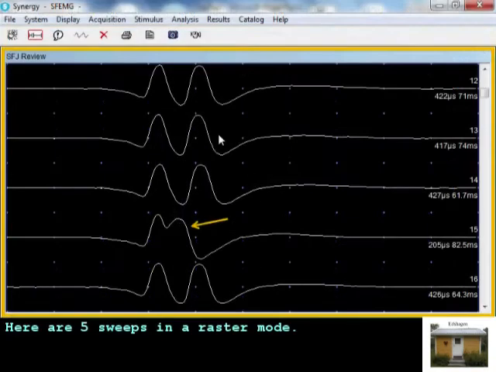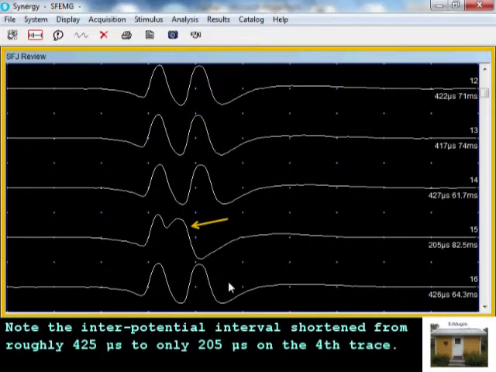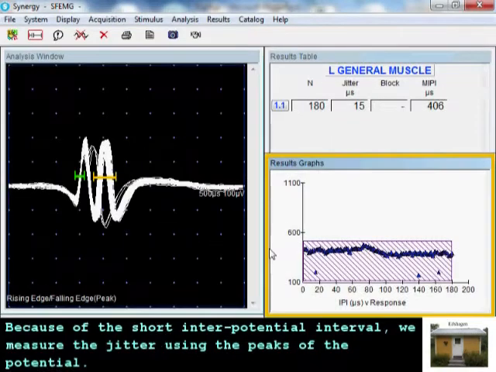Here are 5 sweeps in raster mode. Note the interpotential interval shortened from roughly 425 microseconds to only 205 microseconds on the 4th trace. Because of the short interpotential interval, we measured the jitter using the peaks of the potential.